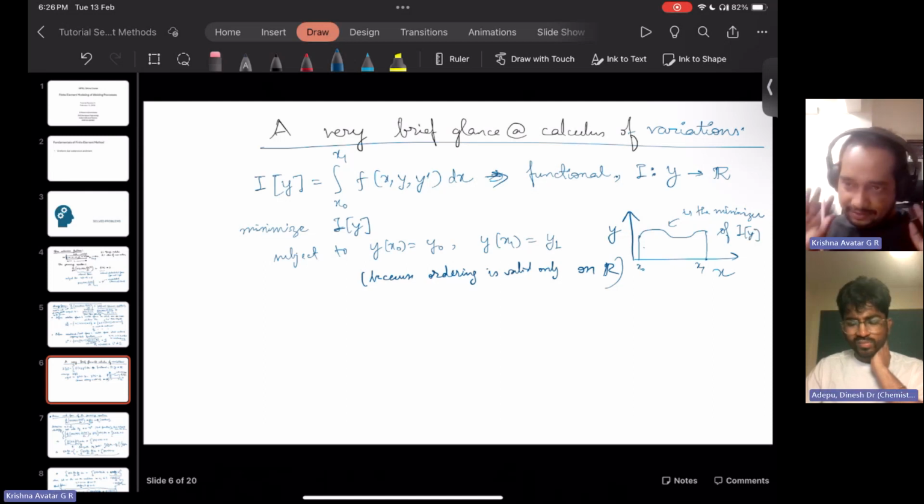Assuming that we know the minimizer and it happens to be a convex function, it will have one unique minimizer.